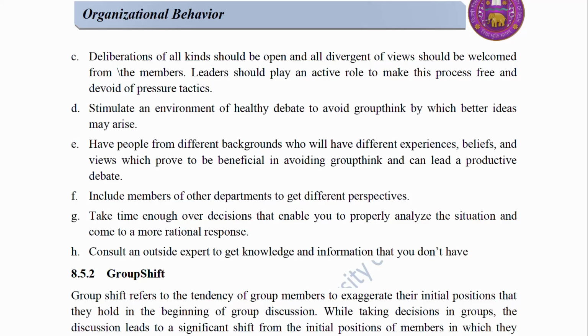Fifth, have people from different backgrounds who will have different experiences, beliefs, and views, which prove to be beneficial in avoiding groupthink and can lead to a productive debate. Sixth, include members of other departments to get different perspectives.